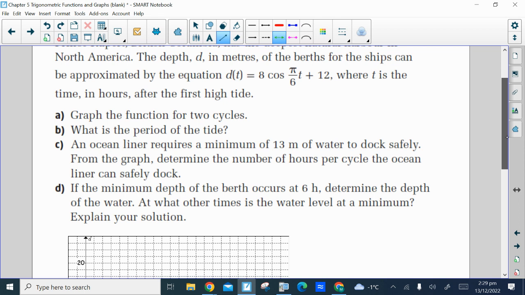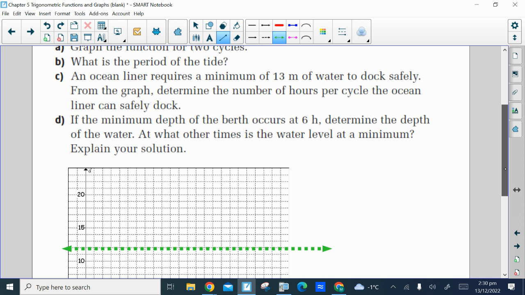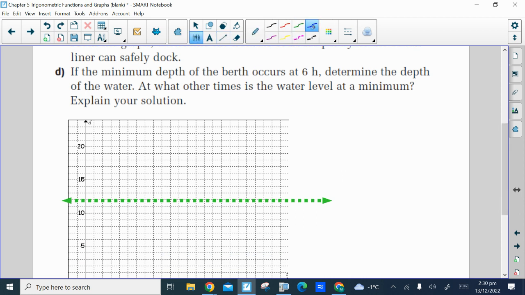And because the amplitude is 8, this graph is going to start 8 units above the horizontal midline. 8 units above 12 is at plus 20. So that's where this graph is going to start, plus 20. And it'll be back at that same height after one complete cycle, or after the graph goes through one period.